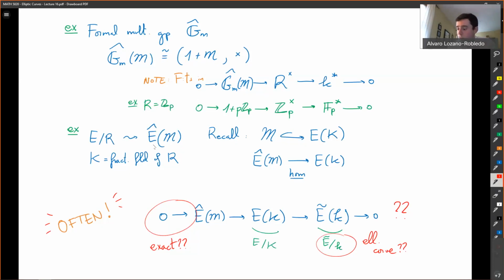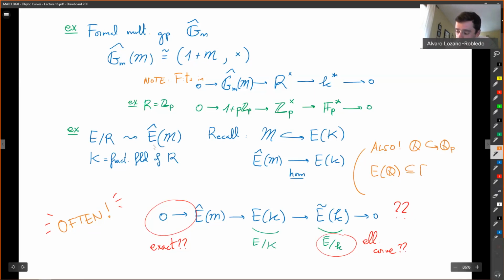By the way, why do I care about the p-adics? Well, Q itself, which I really care about, elliptic curves over Q, Q is inside the p-adics for any p, right? Because the p-adics are a completion of Q. So Q is in there, which tells me that if you fix one of these embeddings, then the points over Q are inside the points over the p-adics.